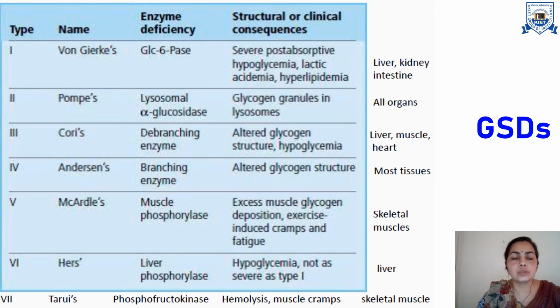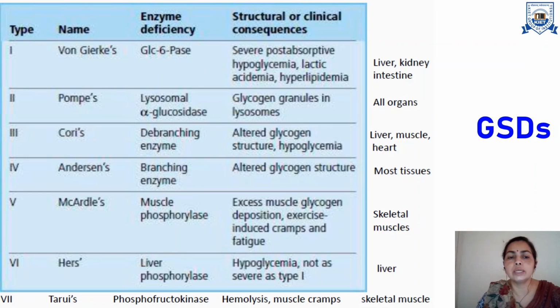As I told you, there are 7 types of glycogen storage diseases. Type 1 is named von Gierke's, associated with deficiency of glucose 6-phosphatase. Type 2 is termed Pompe's disease, associated with deficiency of lysosomal alpha glucosidase enzyme. Then there is Cori's, type 3, related to deficiency of debranching enzyme, so that there will be altered glycogen structure and hypoglycemia.